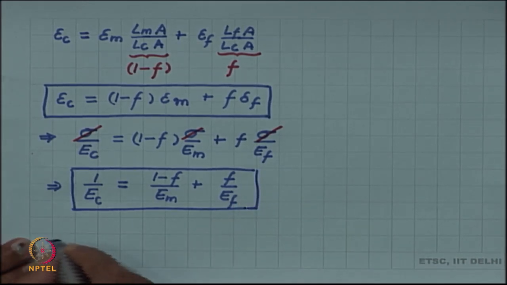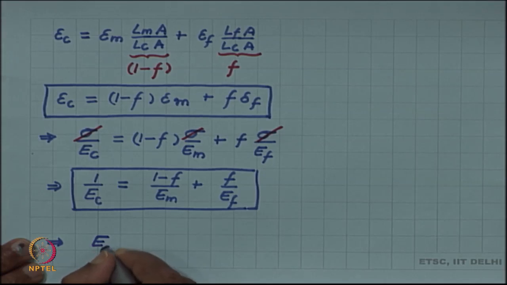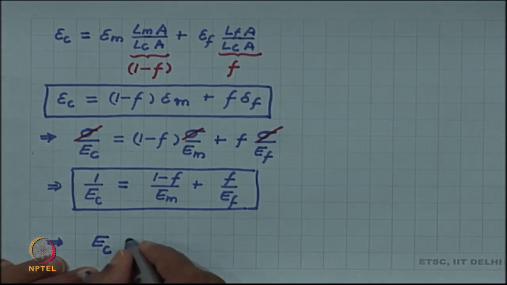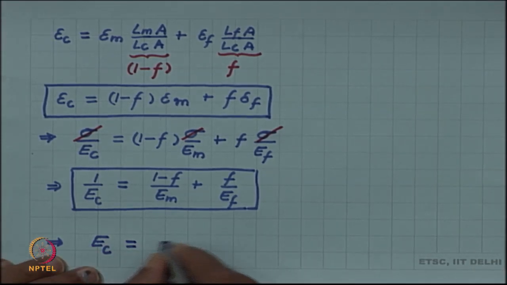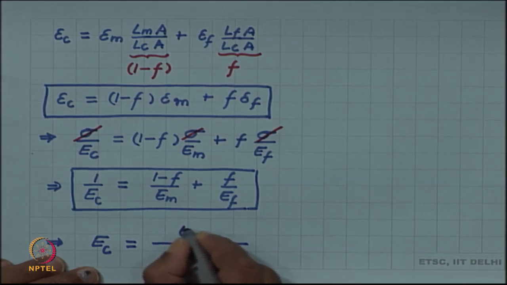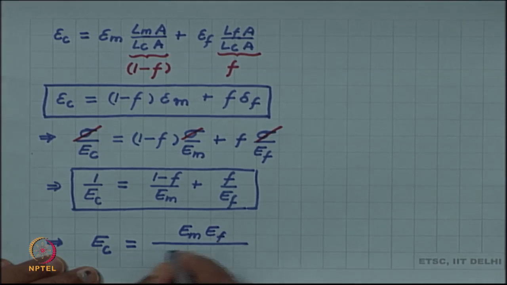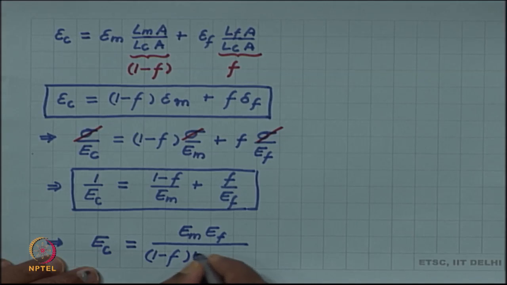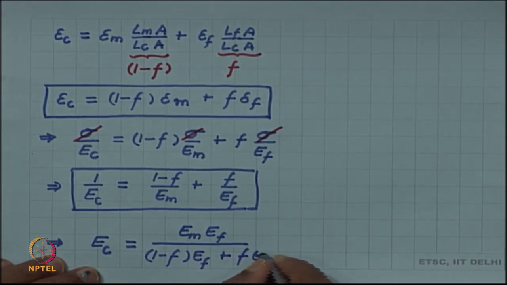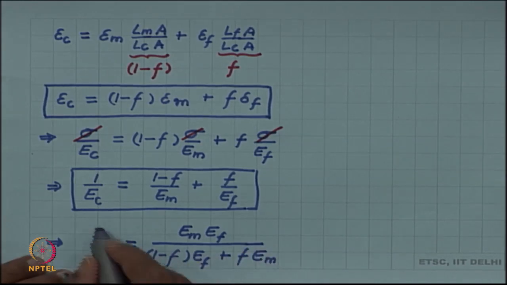Or if you want to write it instead of the reciprocal of E c, you can solve this and you will find E c equals E m into E f divided by (1 minus F) into E f plus F into E m.